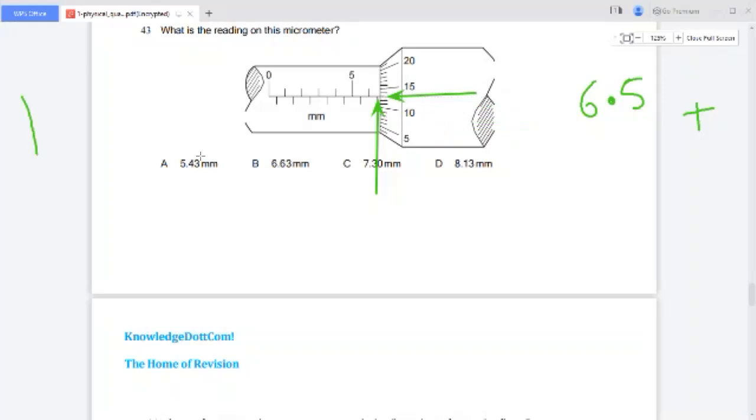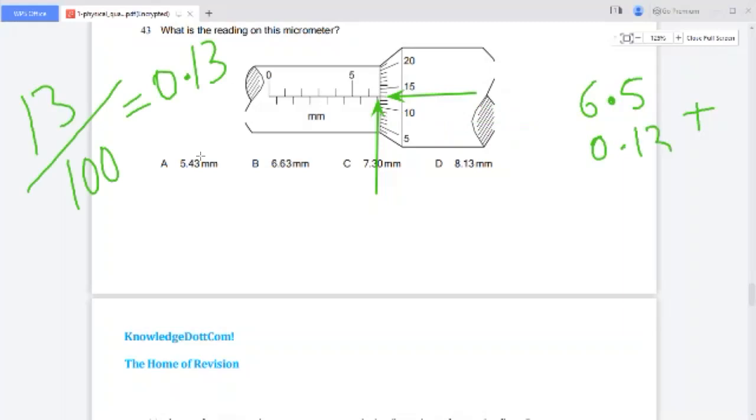So 13 divided by 100 is 0.13, and we are going to add it here. It would become 6.63. So our correct option is this one.